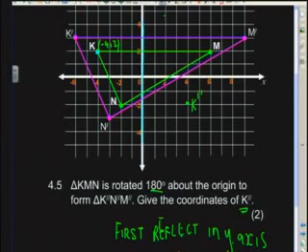Remember what happens when you reflect in the y-axis? Negative x's become positive and positive x's become negative. So this point K is now going to move to that point there. That's the first thing we do. At this point the coordinates would be 4 and 2. So all I've done is reflect in the y-axis.